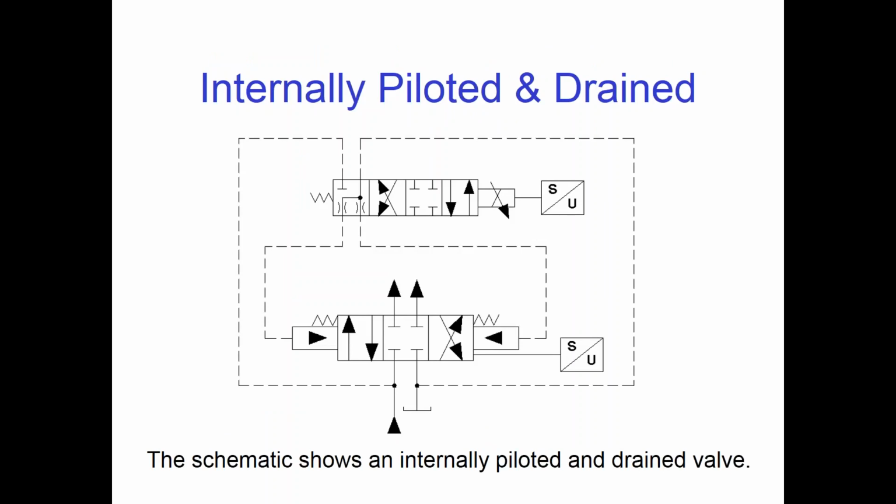So if it's internally piloted and drained, it's shown on this schematic. And you see that we show the pilot pressure being derived here at the P port of the valve, and the oil that drains back out the T port.